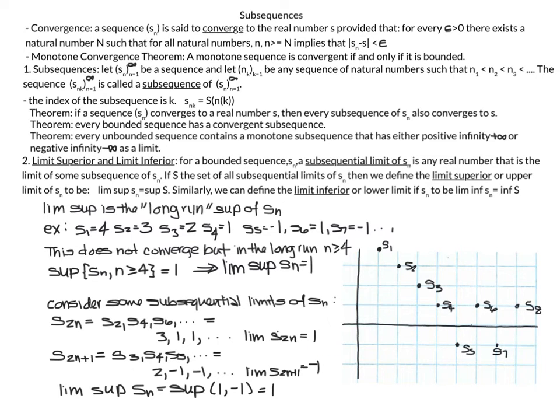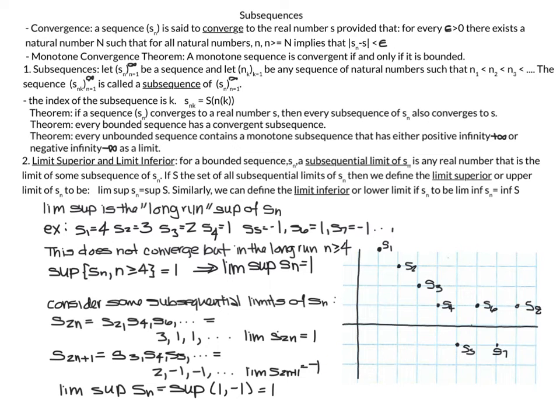And then looking at our definition of limit superior, or upper limit, the lim sup of Sn is equal to the sup of S, where S is the set of all your subsequential limits. So you can see eventually all your subsequences are going to end up with either a 1 or a negative 1.